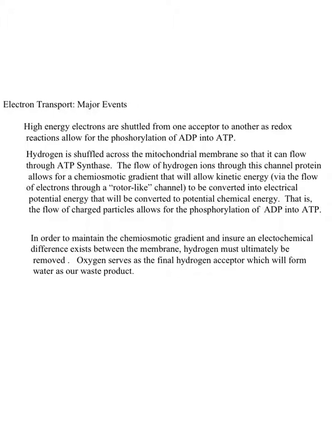As long as this flow of hydrogen ions continues through the channel protein, we end up with essentially a chemiosmotic gradient, allowing kinetic energy to convert ADP into ATP. And as long as we have this flow of ions continue, we can make more ATP.